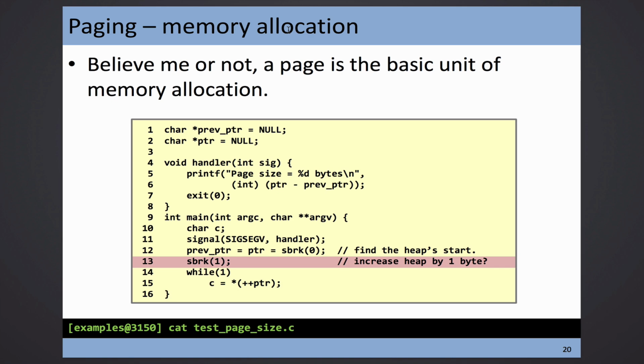And what I'm going to do is walk upwards. Now what I'm going to try is this: I don't believe that when you do this sbrk(1), you get only 1 byte.